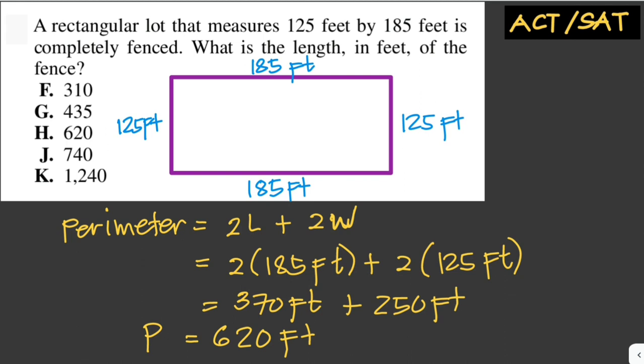So that would be 370 feet plus 250 feet, which is just equal to 620 feet. So our answer here is letter H. Or you can just simply add up everything, 125 plus 185 plus 125 plus 185, and you will come up with the same answer, which is equal to 620.